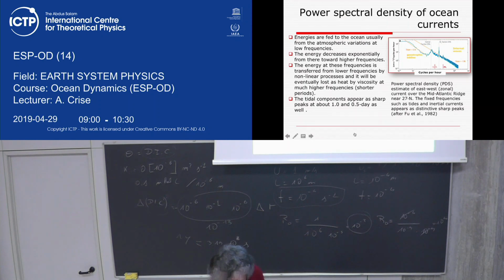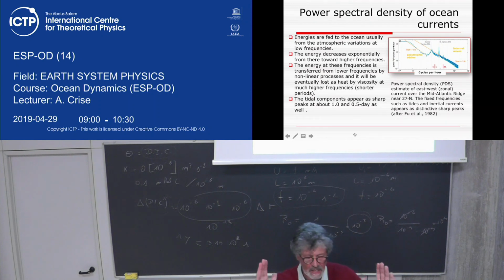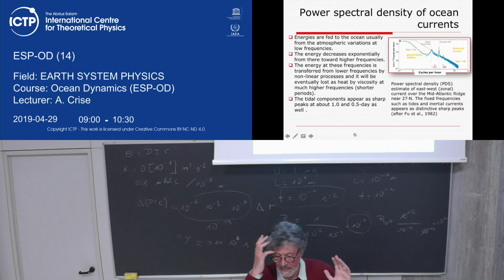And the energy associated with this pattern changes in time because the nonlinear process, the advective term, moves energy from large to small scale in a so-called energy cascade. Okay, this is to convince you that the eddies cover a broad band in the power spectrum of the current.